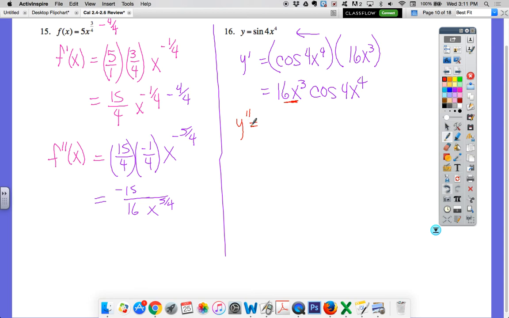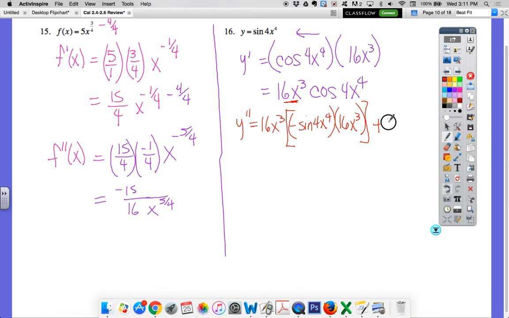So when we do the product rule, we're going to write down 16x cubed, and it says, oh, after you. And for cosine, we need to do the derivative. Well, that would be negative sine of 4x to the fourth, and the derivative of the angle is again 16x to the third. Okay, then you do plus.